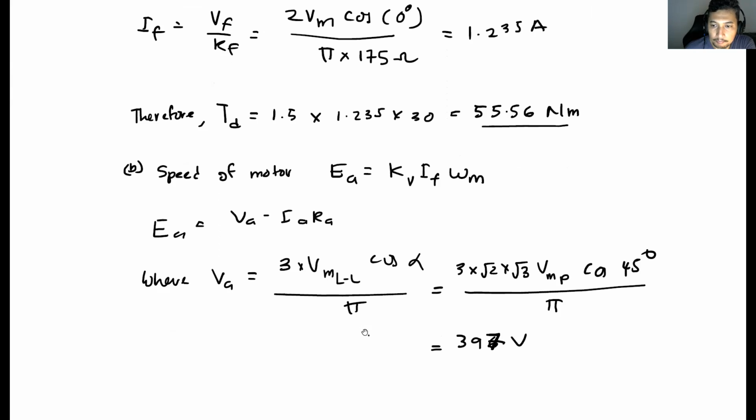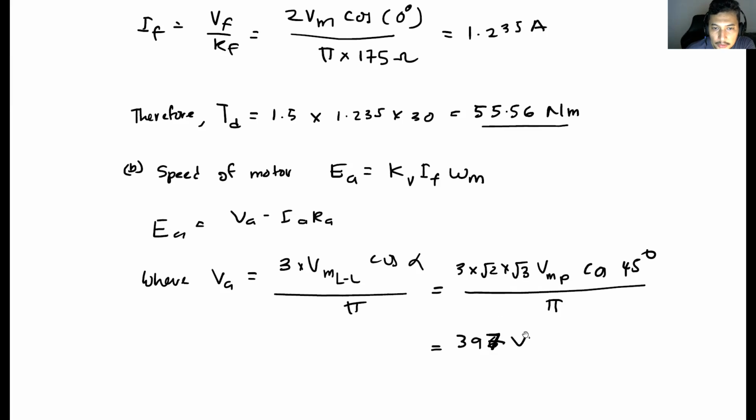Since the given value is a per phase and RMS value, you need to convert it into line to line by multiplying by square root 2 and square root 3. Alpha is given as 45 degrees, and finally you will obtain VA of around 397 volt.